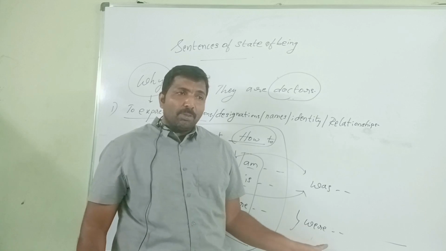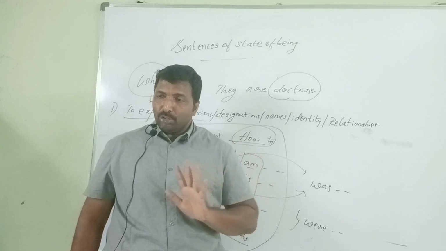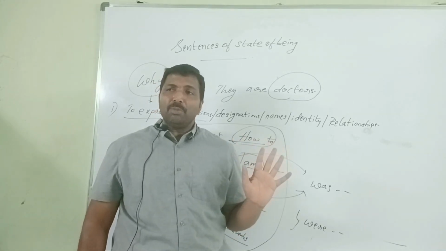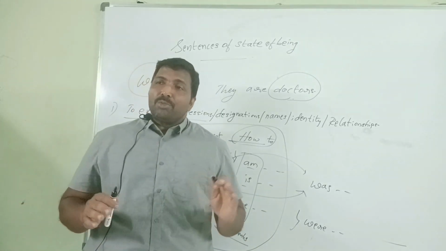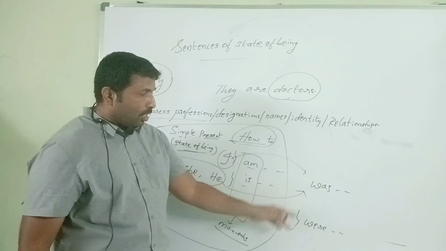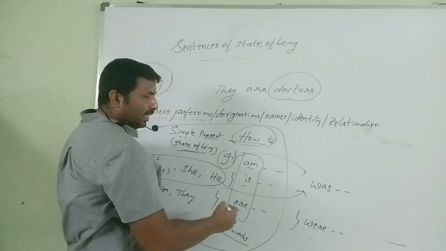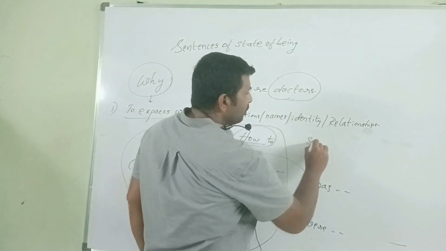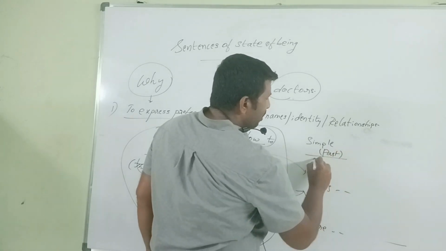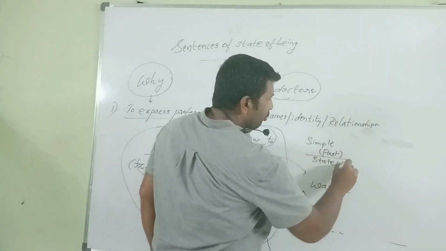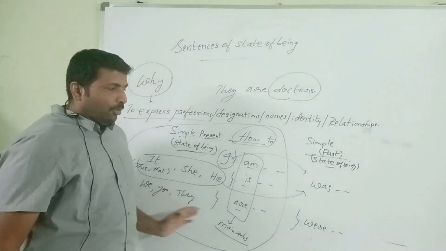Again with was, were: he was suspended 1 month back. After was, V3 is there. Don't get confused. He was suspended is a different structure, because was, were are the auxiliary verbs in simple past passive. Coming to was, were: for I, he, she, it, was is the main verb. For you, they, were is the main verb. Coming to simple past state of being: they were my neighbors.